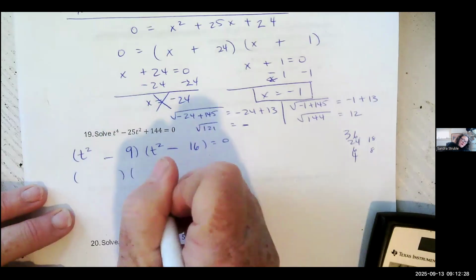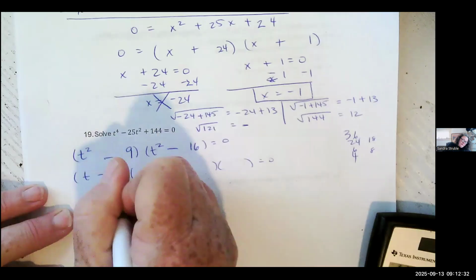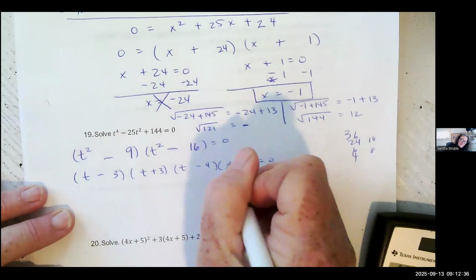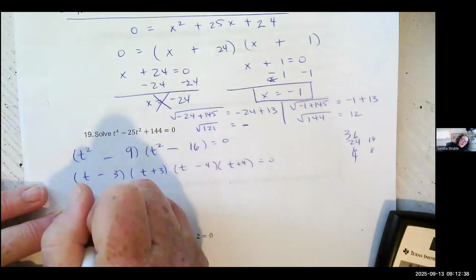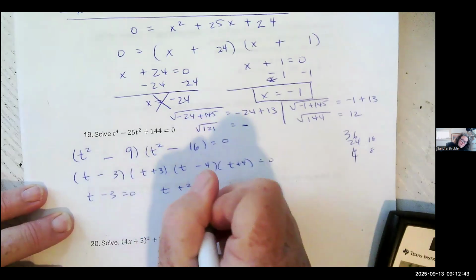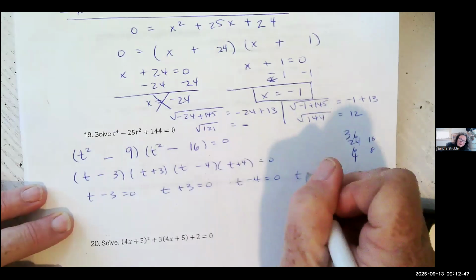I'm just going to go ahead and factor them all. They're all the difference of two squares, and set them equal to 0. Square root property will give you the same answer.